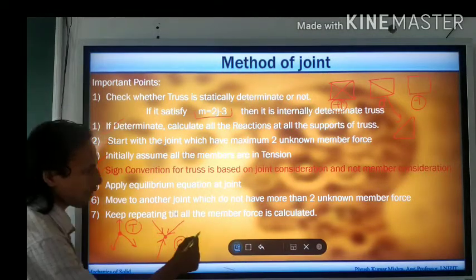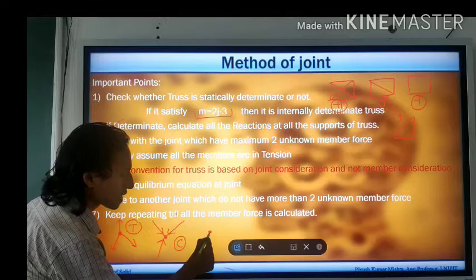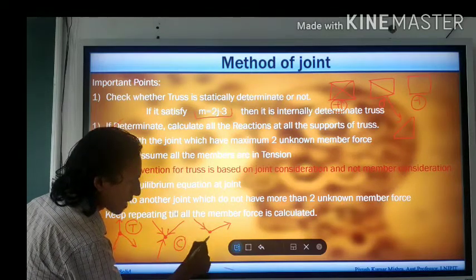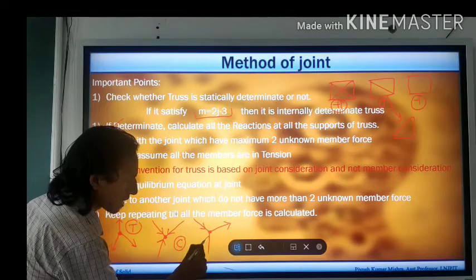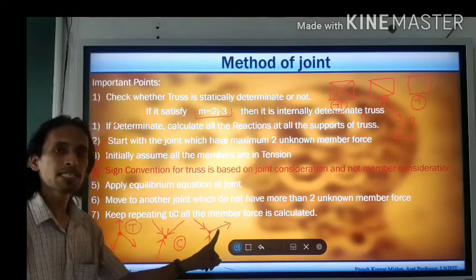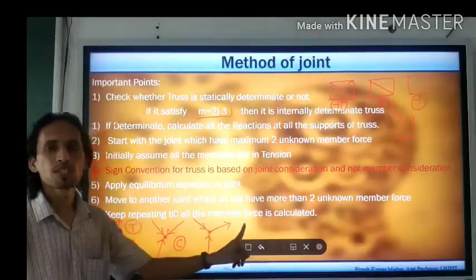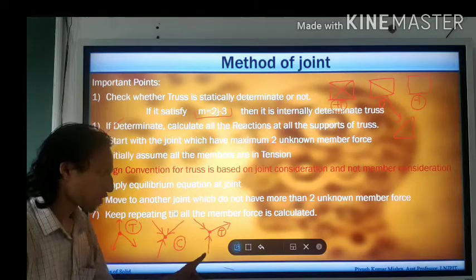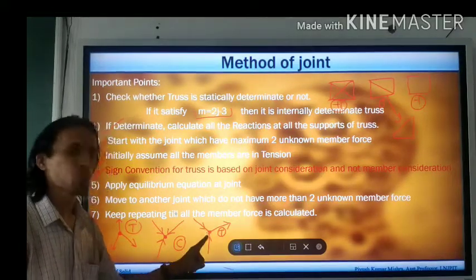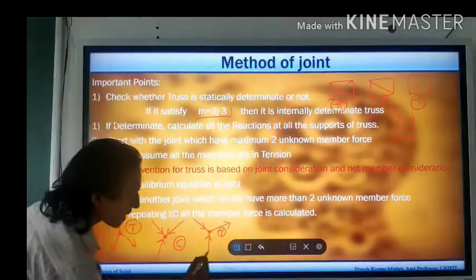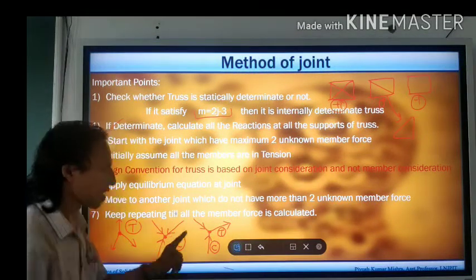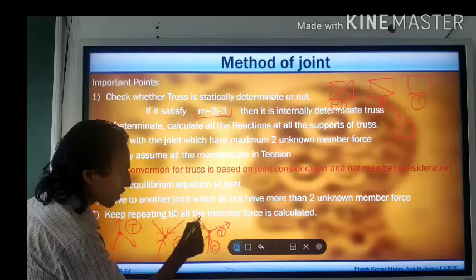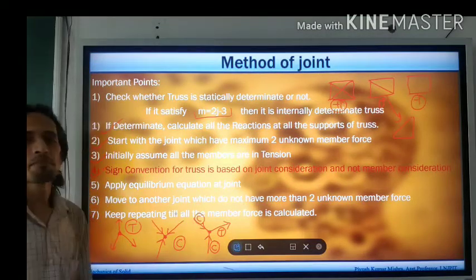Or you can see here, suppose this is a joint, one force is like this, one force is like this, another force is like this. For this member, the force is going away from the joint and it is in tension. For this force, the force is going towards the joint, so it is in compression. This force is also going towards the joint, so it is also a compression force.